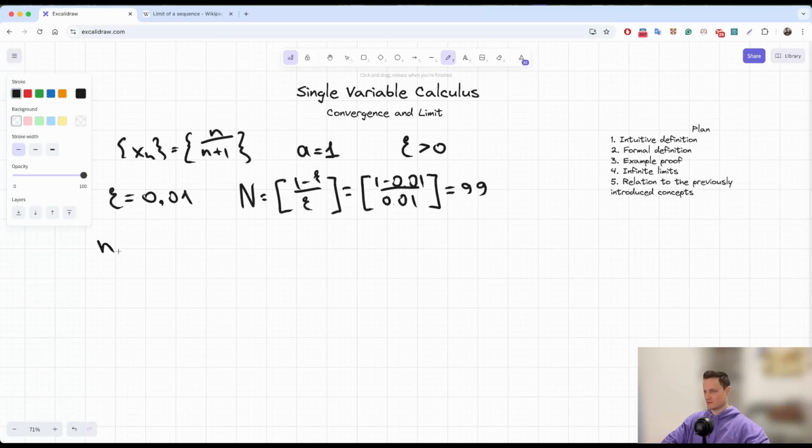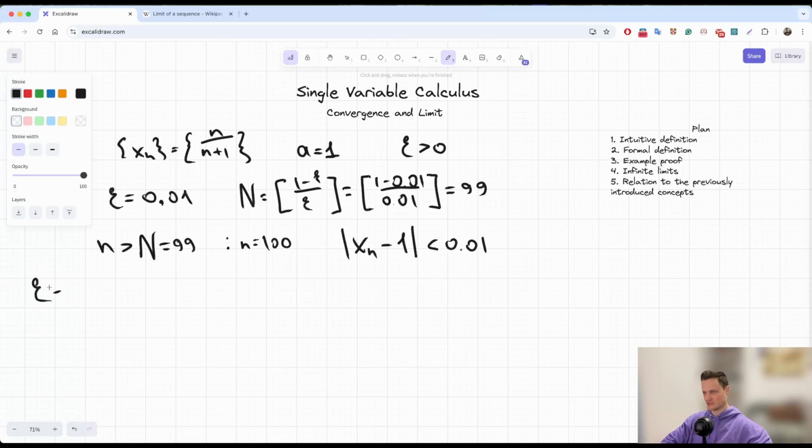So starting from n more than n large, which is equal to 99, so this is n equal to 100, because n is a natural number which we use for counting, the terms of the sequence stay within the range of 0.01 of the value 1. Or in other words, the values of the sequence are different from 1 by less than this range.